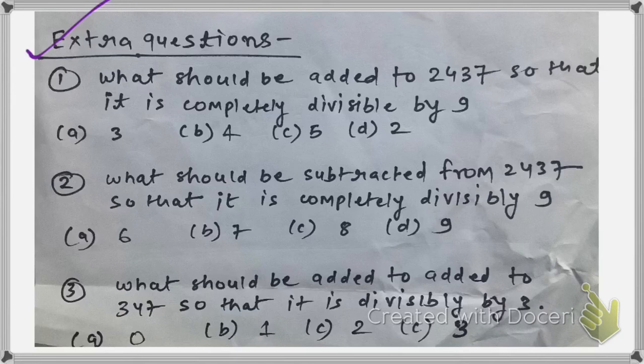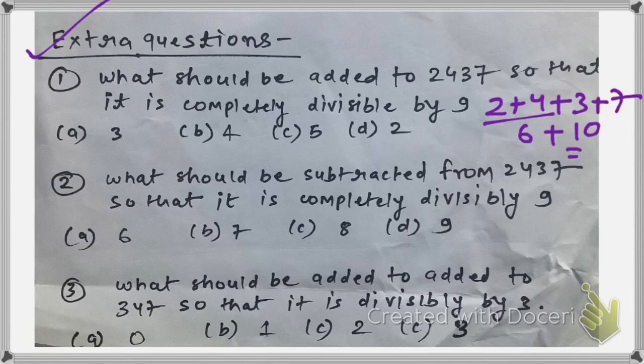What should be added to 2437 so that it is completely divisible by 9? So students, you know that 2 plus 4 plus 3 plus 7 is equal to 6 plus 10. So totally it is 16, and we know that 16 does not come in the 9 times table. So it is asking what should be added to this number.